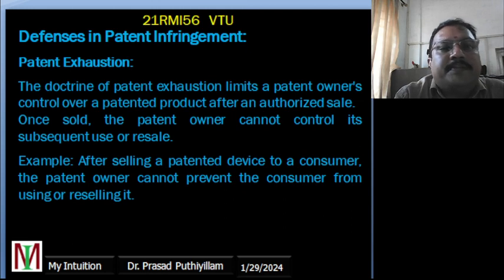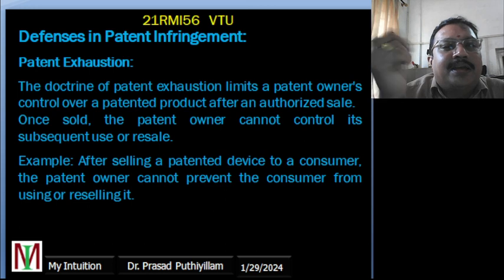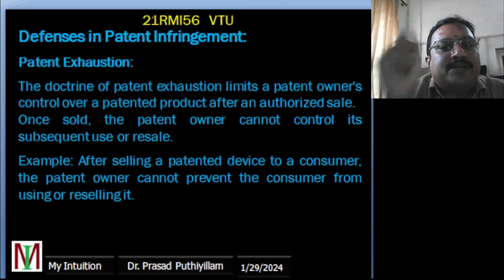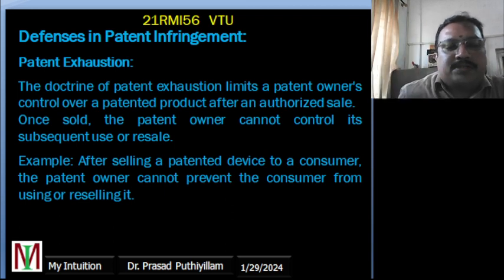That means I have a product which I patented, I am manufacturing it, and I am selling it to someone. Once I have sold it and received income from that, I should not worry whether he is selling it or not. If he sells it, I cannot go and argue that it is patented by me and you cannot sell it. That is not possible. That comes under patent exhaustion.